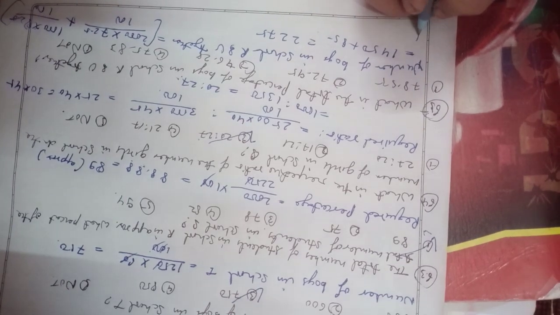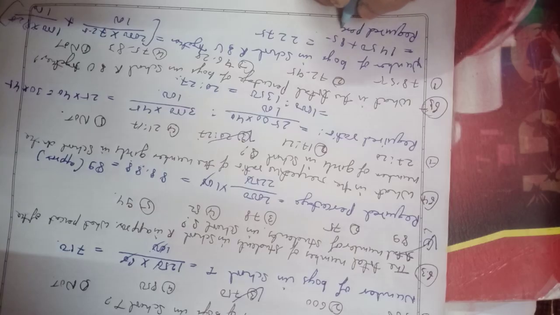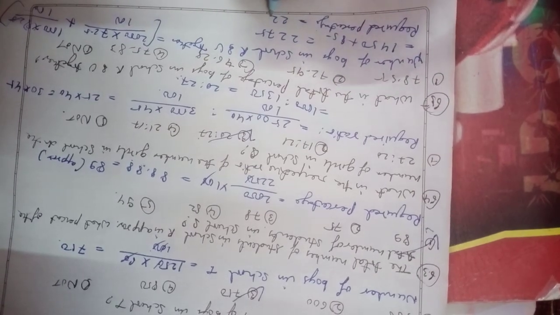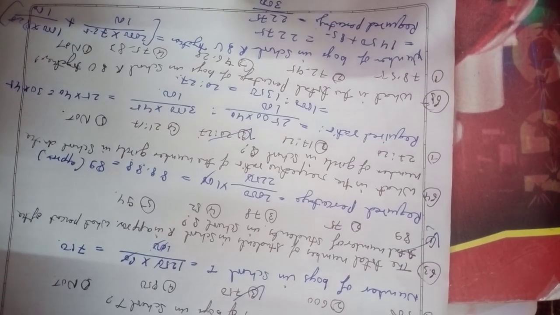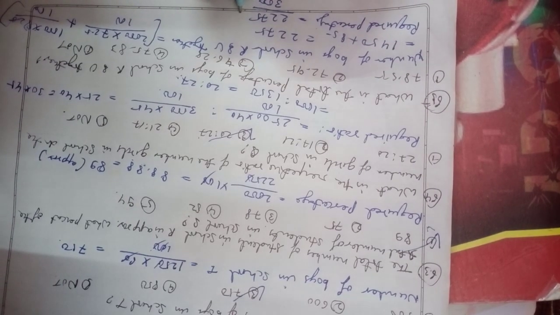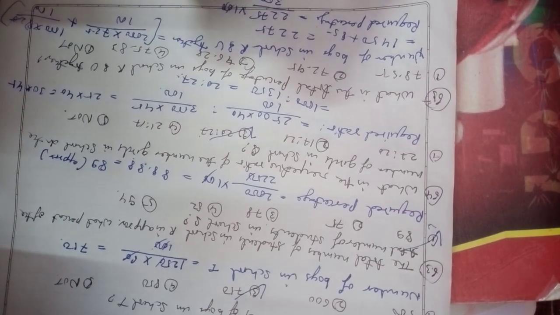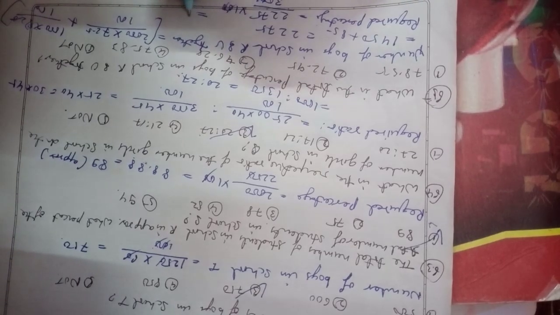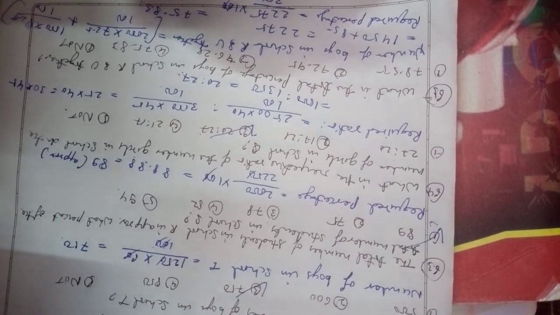So required percentage equals 2275 upon 3000, that being cancelled out, the further we'll be getting is 75.83.